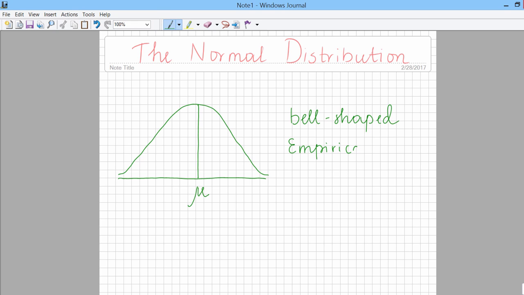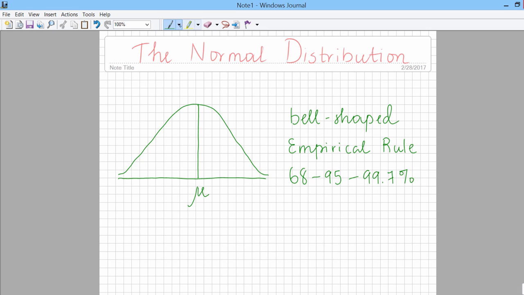If you recall, this rule said that 68% of the data lives within 1 standard deviation of the mean, and then 95% within 2, and 99.7%, or almost all of it, lives within 3 standard deviations of the mean. Okay, but after learning this material, we will be able to say a lot more about normal distribution.